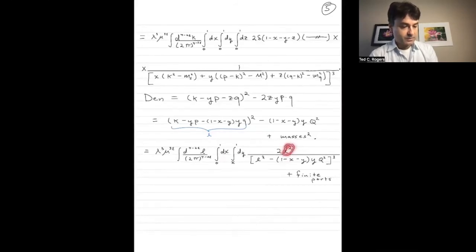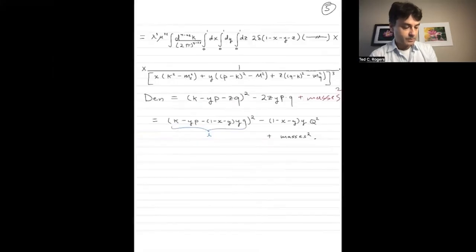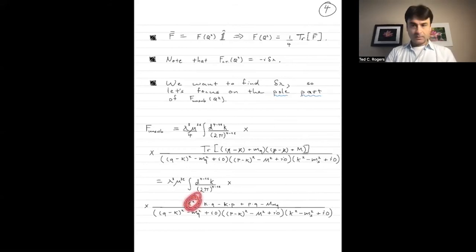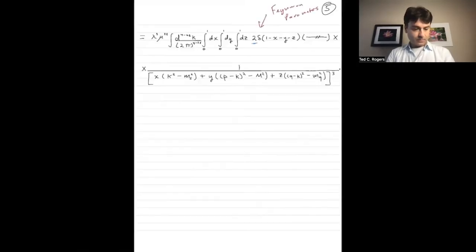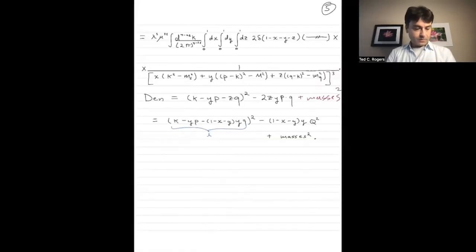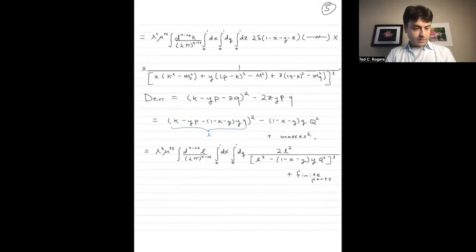Okay, where does the L squared in the numerator come from? Well, if we look back here, you'll see that it just comes from the k squared here. So once we do the change of variables, that k squared becomes a factor of L squared. The other terms here are odd and are going to give something odd in L, so they don't count. We've got a factor of 2 still sitting right there.